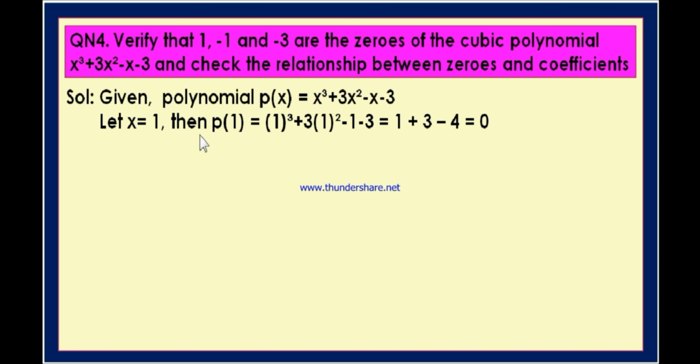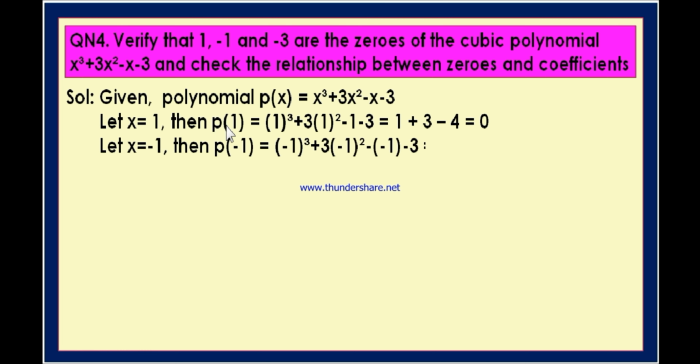Now verify with minus 1. Let x is equal to minus 1. If x is equal to minus 1, then p of minus 1 is equal to x cube, minus 1 whole cube, plus 3 into x square, minus 1 whole square, minus x means minus of minus 1, minus 3. Minus 1 whole cube: minus to the power an odd number is minus. 1 into 1 is 1.